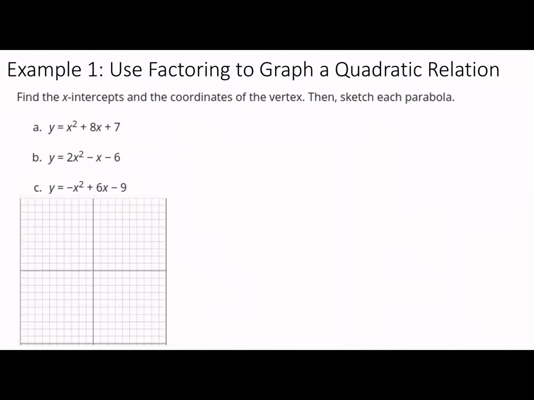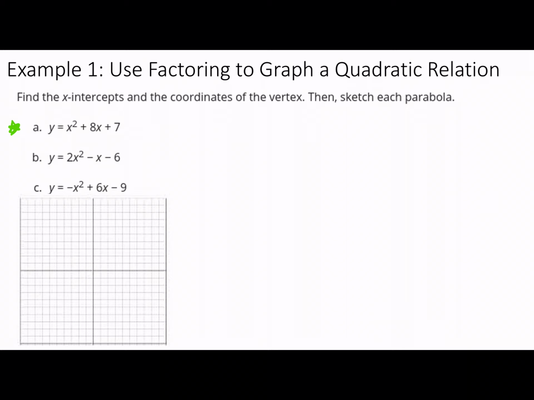One more. All right, so our official examples. Again, we're going to do the same thing over and over again. Find the x-intercepts, the coordinate of the vertex, then sketch each parabola. So we need to find x-intercepts, axis of symmetry, coordinate of the vertex. But this time, they're not giving it to us in factored form. They're giving it to us in standard form.